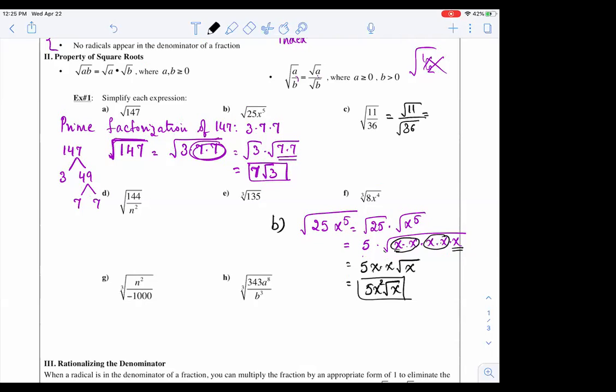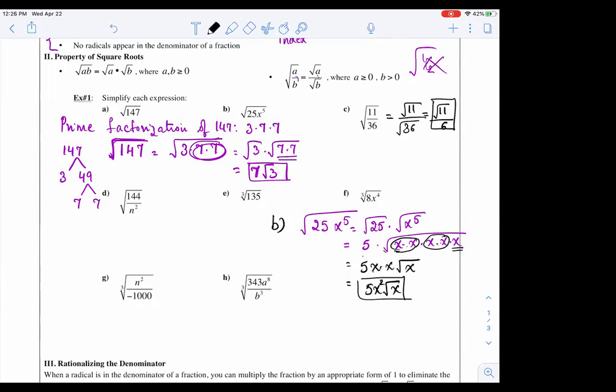Is there any prime factorization for 11? Is there any perfect square within 11, guys? No. So that means you can't do anything, it's already simplified. If you can't find factor pairs, then that's already simplified. How about the denominator? 6. So that's the answer.